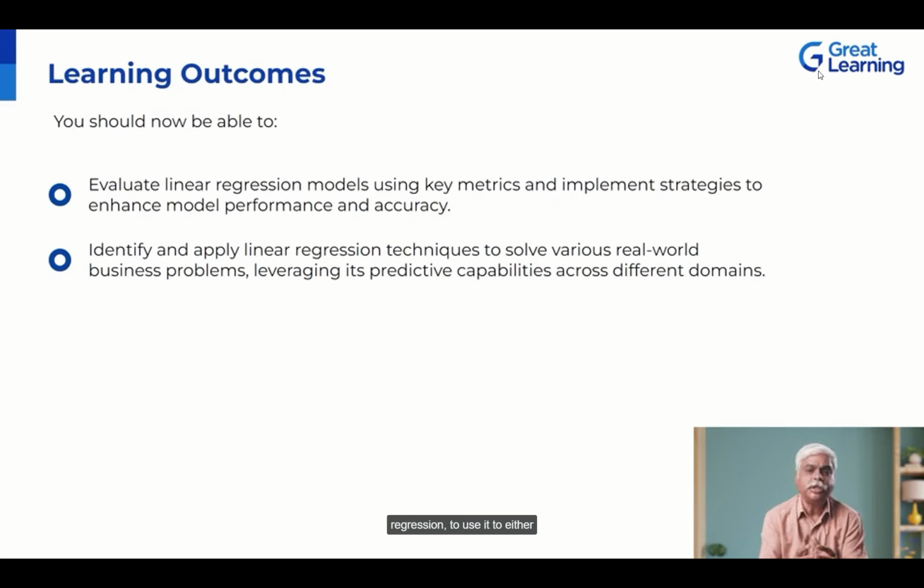To use it to either predict or to be able to explain variables. And for that, you might need some practice on how regression models are built so that you will be able to meet both of these objectives and figure out any particular data nuances, like categorical variables, you will need to deal with.